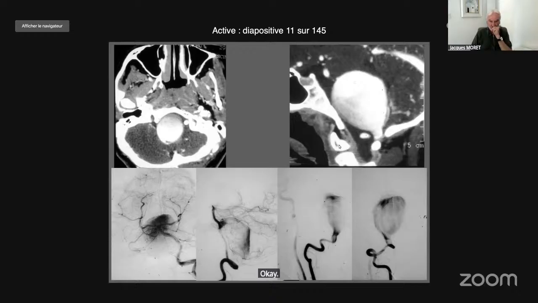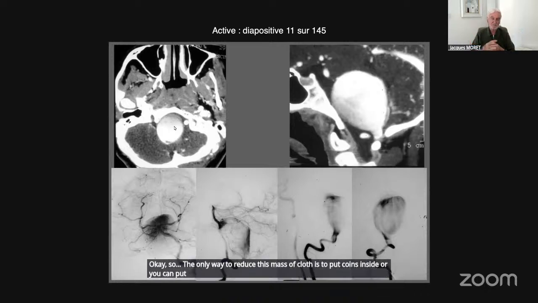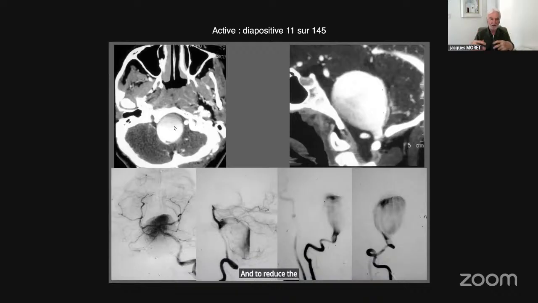So the only way to reduce this mass of clot is to put coils inside, or you can put liquid. At a given period of time, we were injecting Onyx inside the sac of the aneurysm to replace the blood by Onyx and to reduce the volume of the clot that is going to be induced by the treatment.